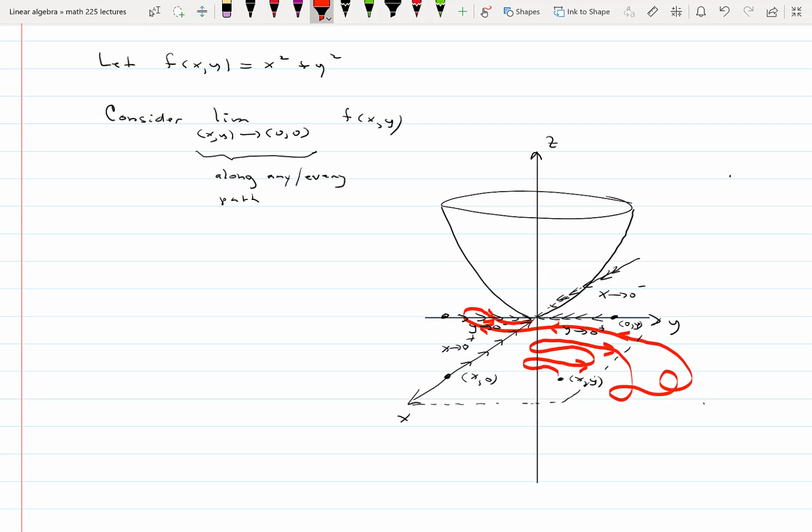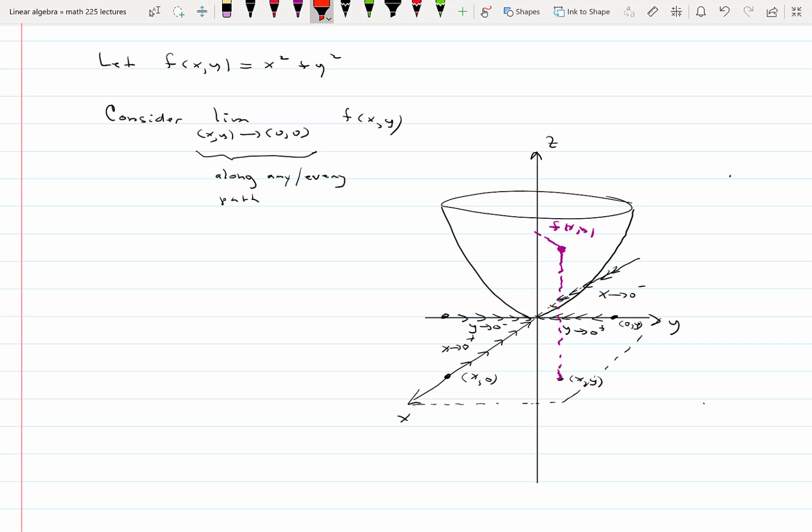So as you're at some arbitrary point (x, y) in the xy plane, the value of the function gets you to some point on the actual surface. That would be in purple. That's f of (x, y). So as (x, y) moves along that really weird red curve, let's get rid of that really bizarre curve and do a little less bizarre curve.